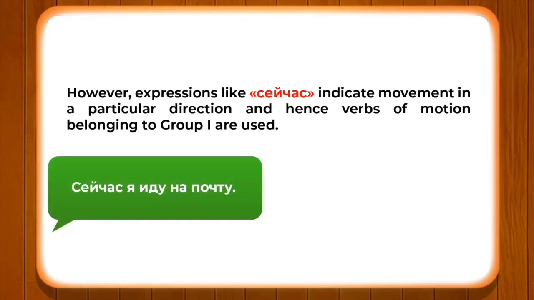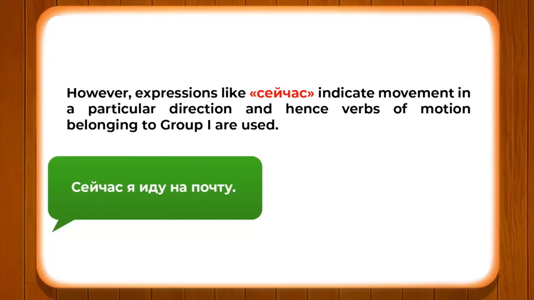Сейчас я иду на почту. Here again you can see that we have used сейчас with the first group of the verbs of motion like идти in a conjugated form for я. Сейчас я иду на почту. Here if you pay attention to the ending of the noun, почта ends with а and changes into у. However, you will be learning about this in a dedicated session.